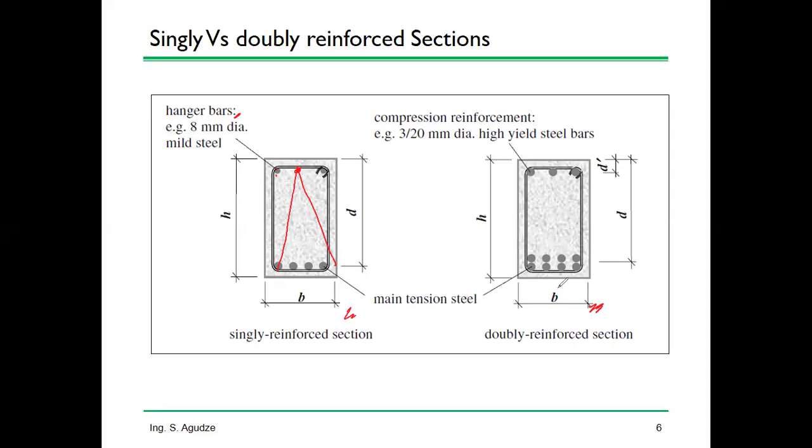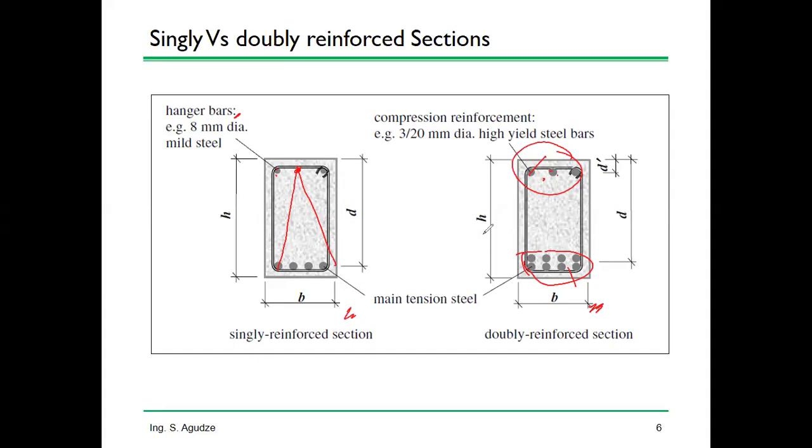But the other one here is doubly reinforced. There's tension steel and compression steel, right? So in the compression zone, both the concrete and the steel are resisting the bending, whilst in the tension zone, as you already know, only the steel is considered because the concrete would have cracked. Concrete in tension is very weak, as you know.